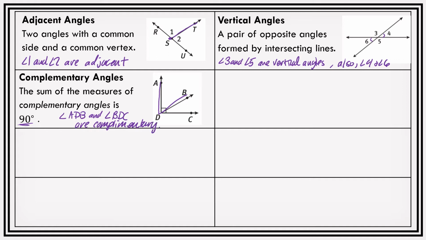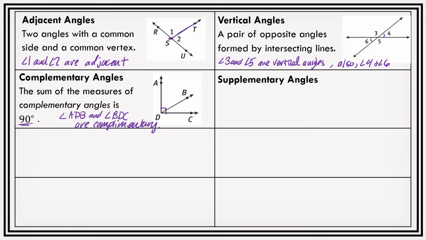And how do I know that? Because together these two angles form this right angle right here, and we know it's a right angle because of the square right here. We know a square right angle is 90 degrees, and we'll talk about that in just a second. We're going to define a right angle.